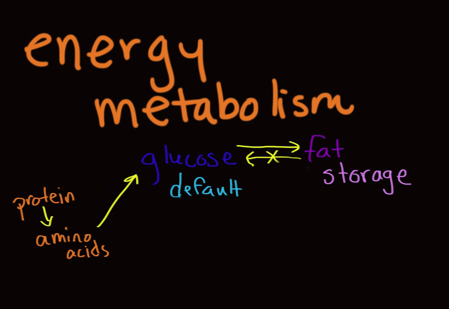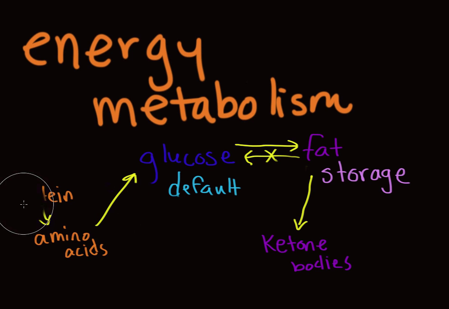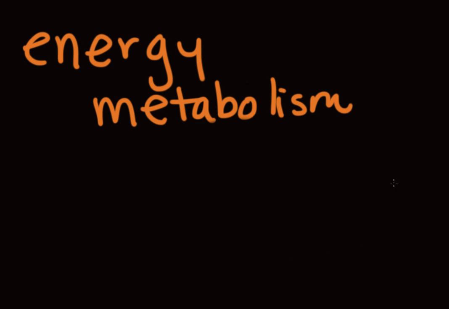Now that said, fat isn't going to be a very good storage source if we can't use it to supply energy to some of our most energy-hungry tissues, such as the brain, which usually uses glucose. So we actually have another solution, which is to turn fat into something that the brain can use, called ketone bodies. Given this information, we can now look at the two major goals of energy metabolism regulation.